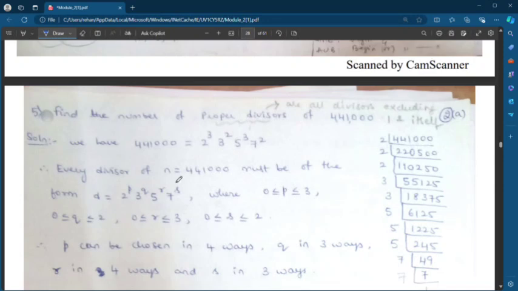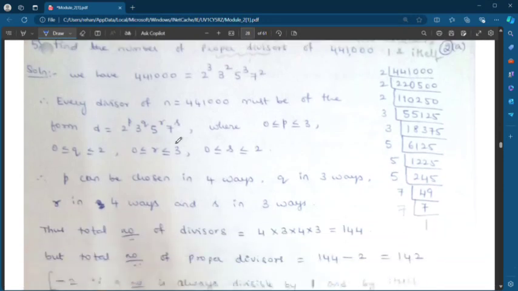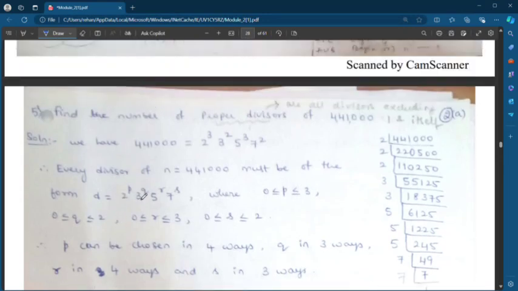Every divisor of 4,41,000 must be of this form: D is equal to 2 power p, 3 power q, 5 power r and 7 power s, where 0 less than or equal to p less than or equal to 3. Same way, q is at most 2, r is at most 3 and s is at most 2.